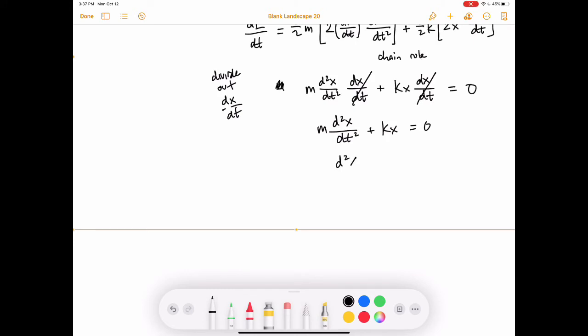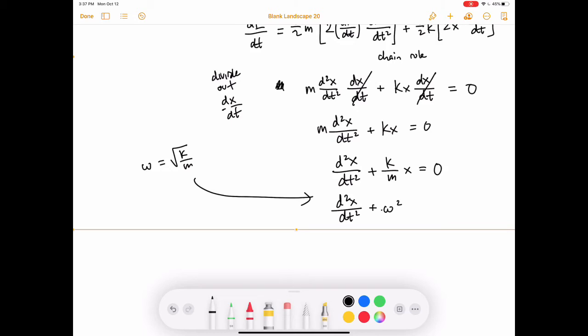I can write this as the second derivative of x with respect to time. Divide out the m. This is k over m times x equals 0. If we define omega to be the square root of k over m, then I have the second derivative of x with respect to time, plus omega squared times x, equals 0.